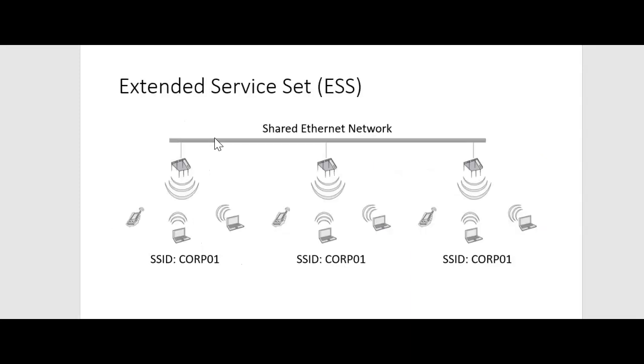Now, there is one called an extended service set, which means I'm using access points, like in this case, 3 of them, but I'm having them connected on a shared Ethernet network. This is kind of how the campus is set up, where we've got probably 50 to 60 access points scattered through campus, and they're all connected together so that when you roam between H building and E building or F, you don't lose the signal strength.